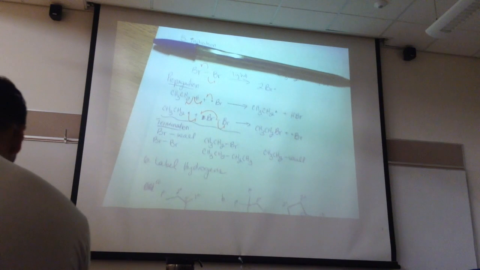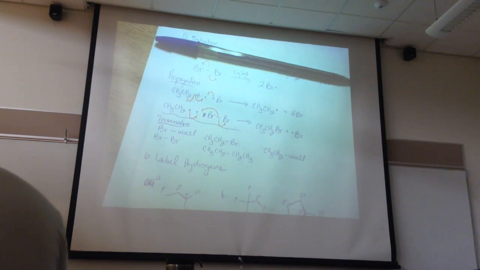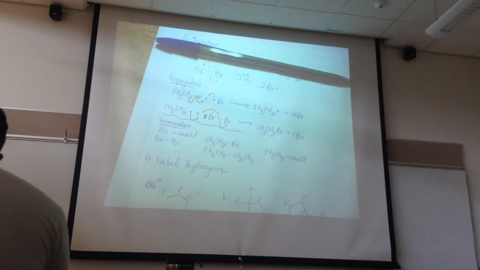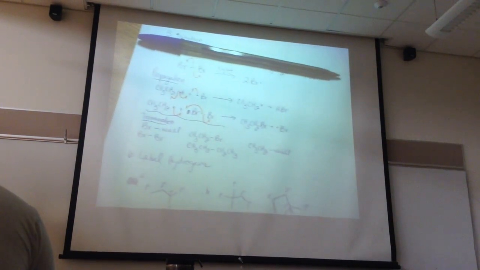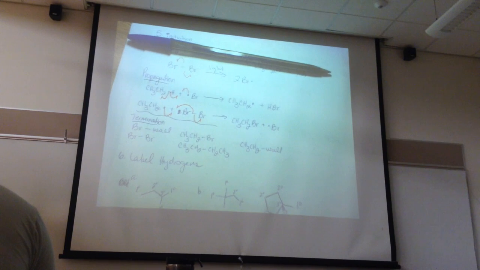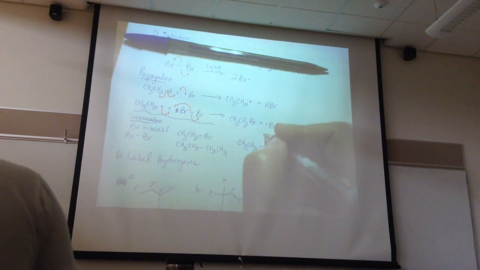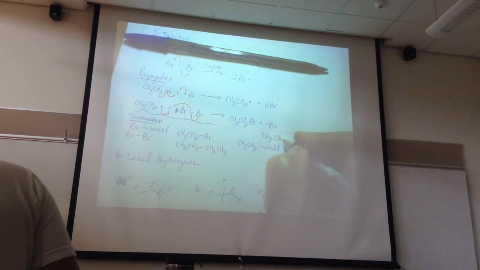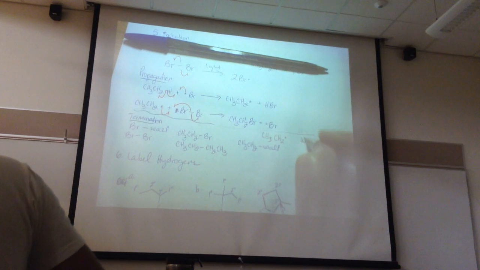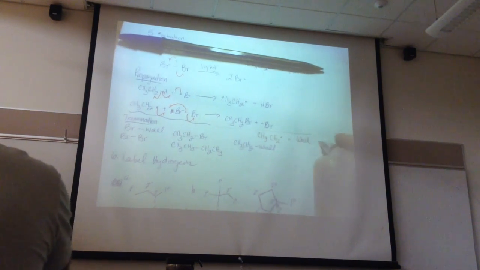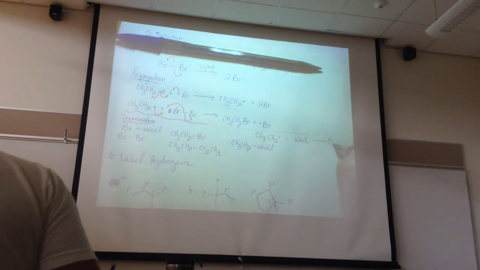And then the very end, which are the famous termination steps, he went a little quick at the end. Usually in a termination step, you really want to show that the ethyl radical, like he did here, is going to hit the wall, and then you end up with the product of the ethyl with the wall.